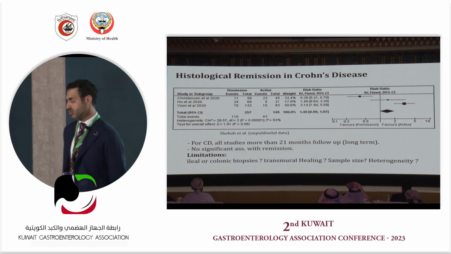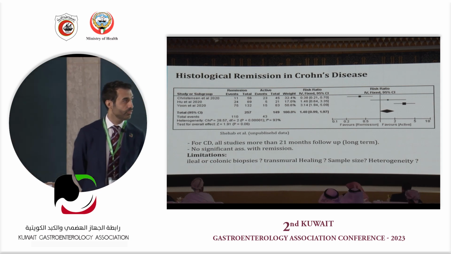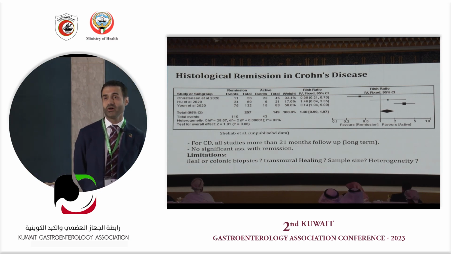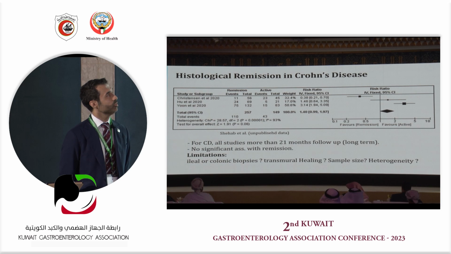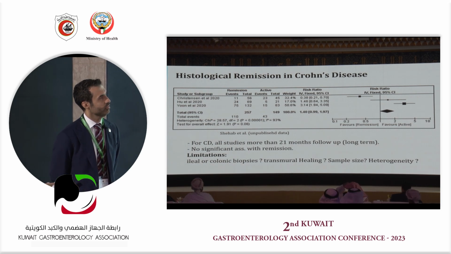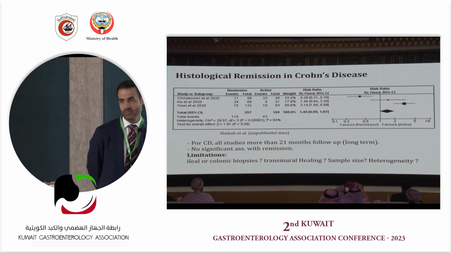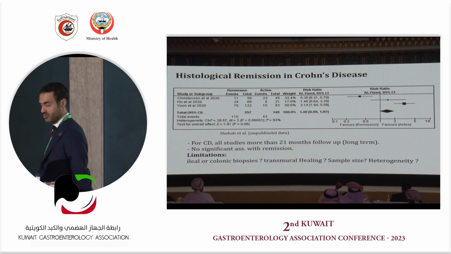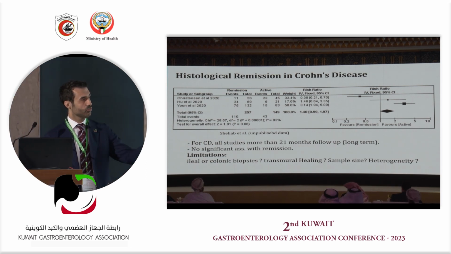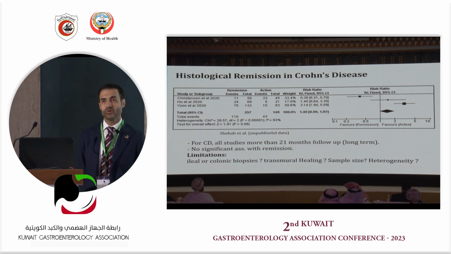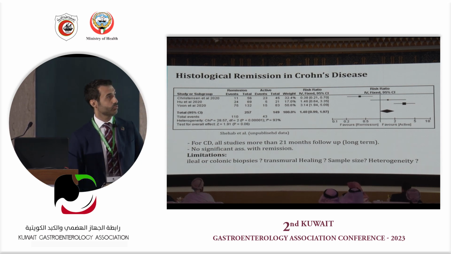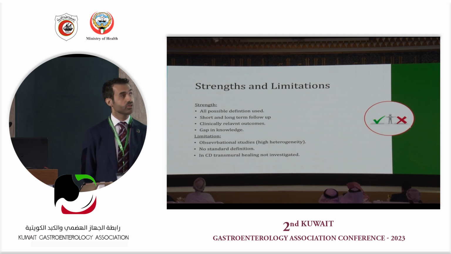We know the transmural nature of Crohn's disease, so biopsies may not be a good target. Because of the small studies, the heterogeneity here is high, 93%, and the data is not robust. So in Crohn's disease, we don't have good data to support histological remission as a target.